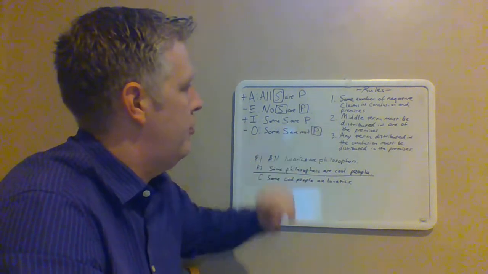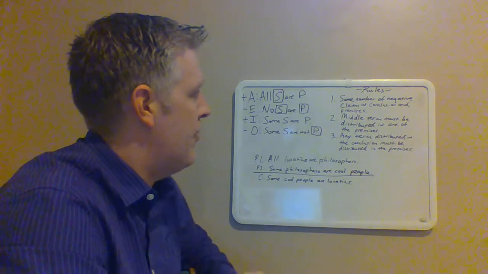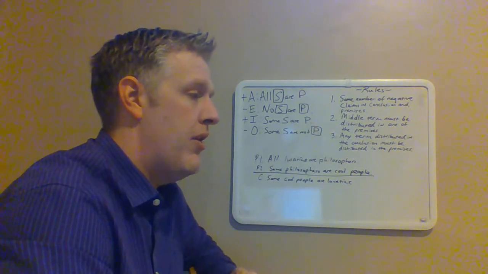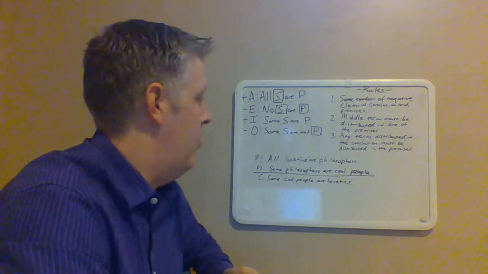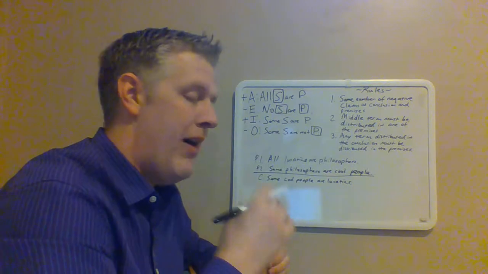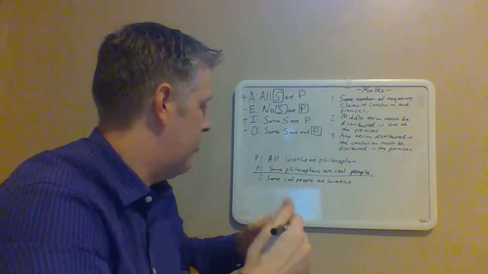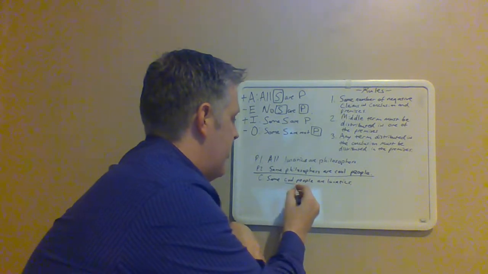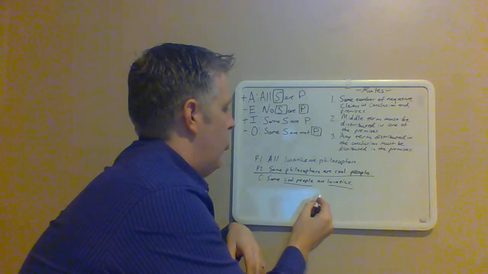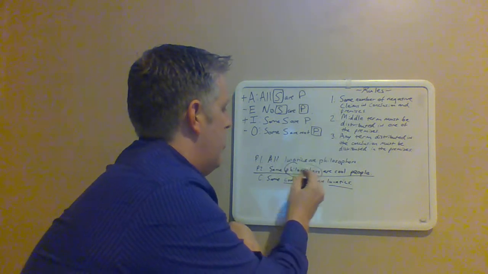okay? Rule 2, the middle term must be distributed in one of the premises. So this will harken back to one of the things we talked about in the Venn diagram video, being able to correctly label your minor term, your major term, and the middle term. So you'll remember the minor term is the subject of the conclusion, the major term is the predicate, and the middle term is the one not mentioned in the conclusion.